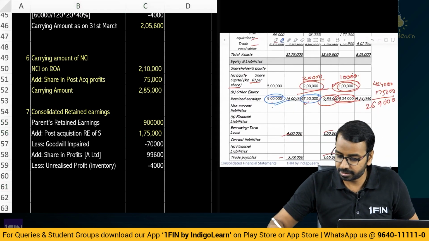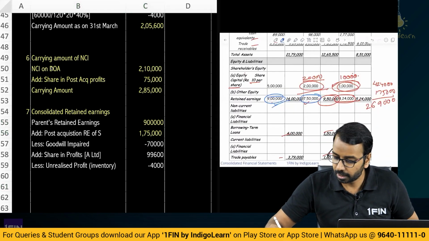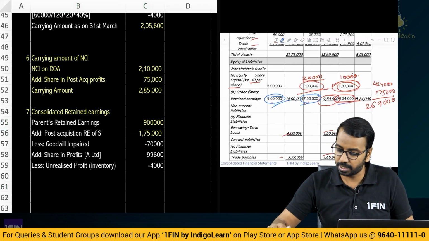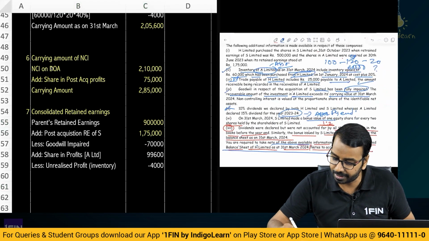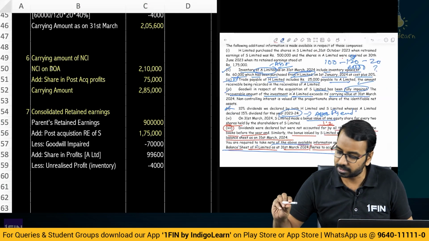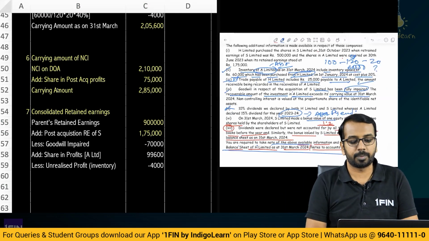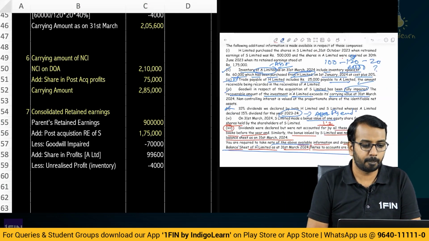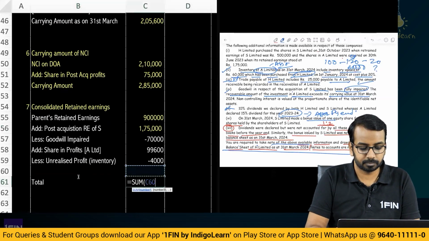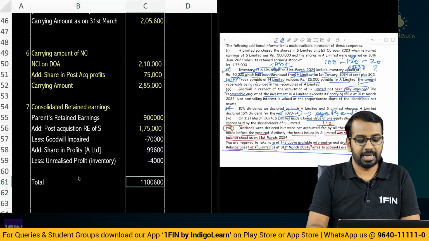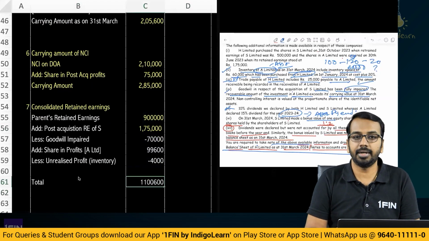Then we have taken post acquisition from subsidiary, share of post acquisition from associate, and we have taken the adjustment for inventory, goodwill has been impaired, trade payable there is no impact, remaining everything we have done. So we are good to prepare the consolidated balance sheet. So total here would be 11,06,000 as consolidated retained earnings.